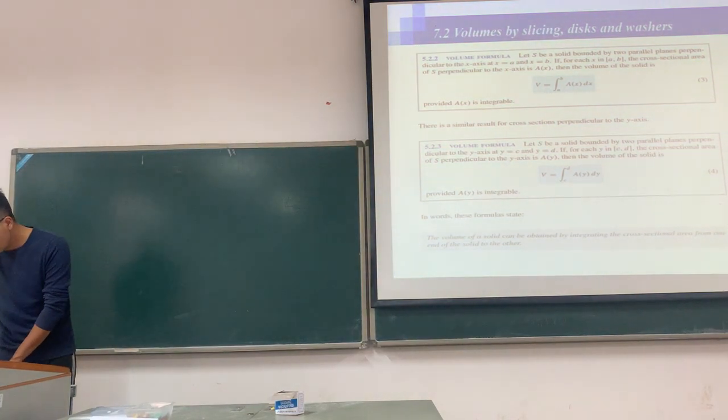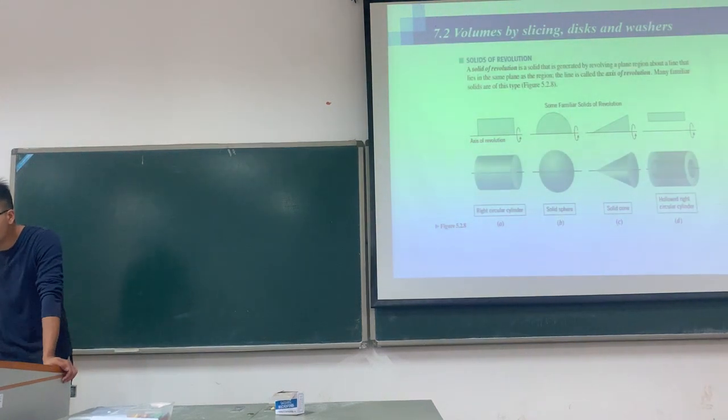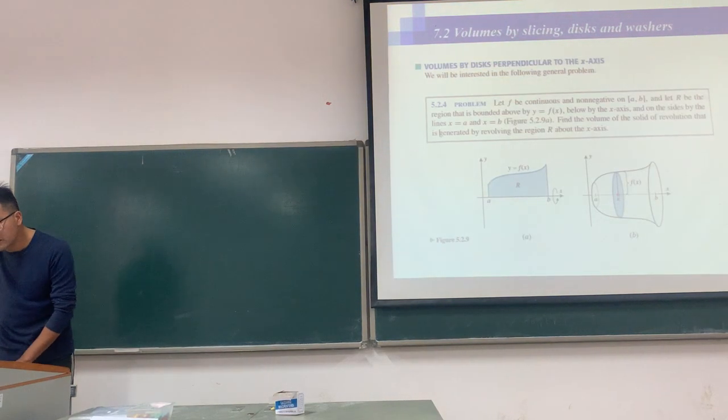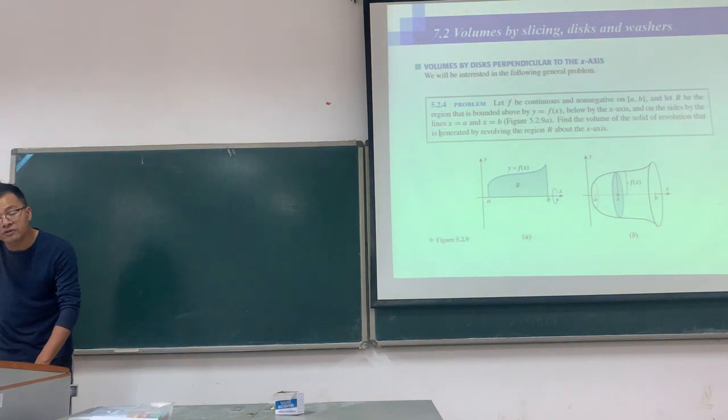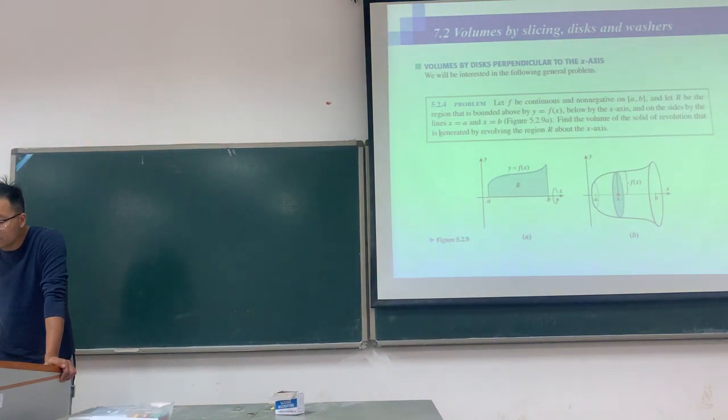Then we introduced the solids of revolution. Let f be a continuous and non-negative function on the closed interval AB, and let R be the region that is bounded above by y equal to f(x), below by the x-axis, and on the sides by the lines x equal to a and x equal to b.